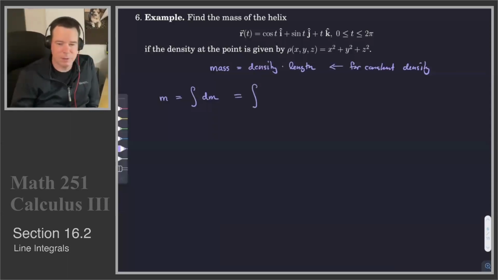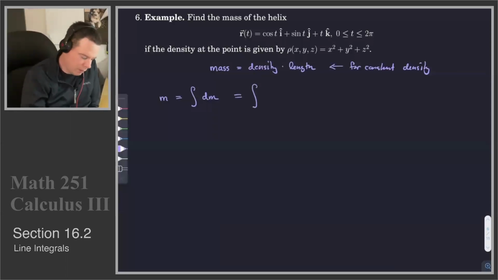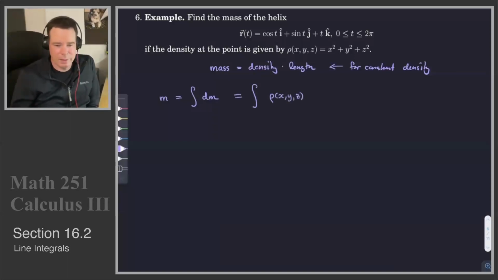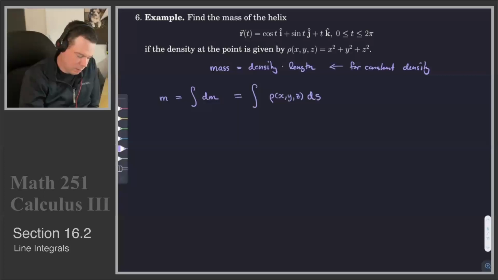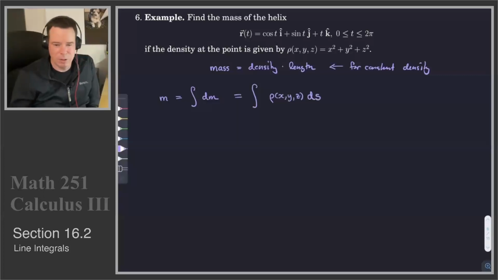What is our mass element? What is the mass of a tiny little piece? The mass of a tiny little piece is going to be the density of some point along that tiny little piece, but because the piece is so tiny, we can assume the density is constant. So it's density times the length of the little piece you have, and that piece would be of length ds, this little tiny arc length.